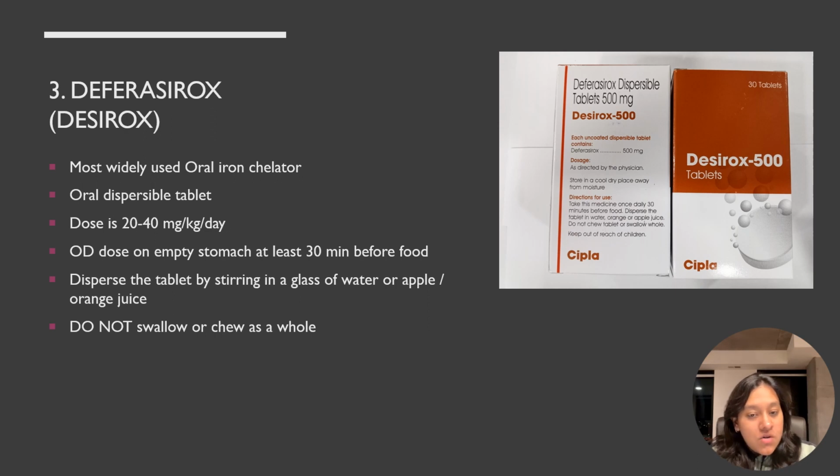The tablet needs to be added, and they need to make a solution out of that. By stirring it, the tablet is dispersed in the liquid, and then they're supposed to consume that entire liquid that is prepared. So that is how Desirox needs to be taken.